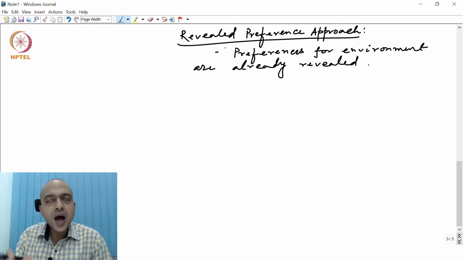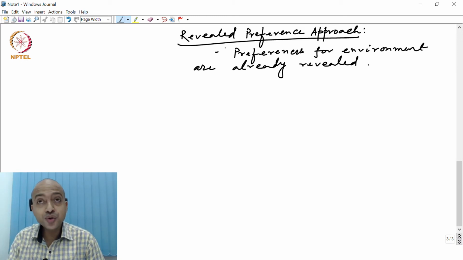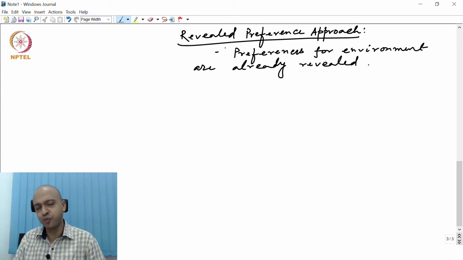Okay, this is unlike stated preference approach. We are not going to ask them to state their preference. Rather, the consumers, they have already revealed their preferences for environment.